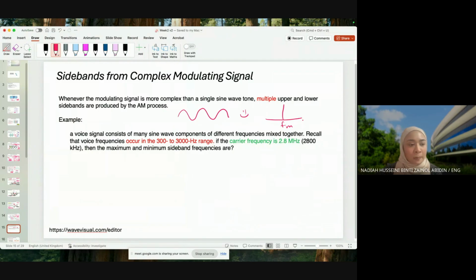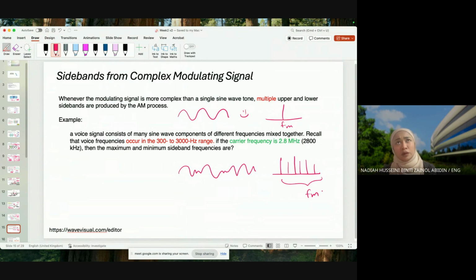If it has more than one frequency, it's going to be complex, a bunch of squiggles, made up of a bunch of frequencies. This is Fm, your modulating wave. This is our good case, and this is not too good a case, but we still have to work with it because we are intelligent engineers.